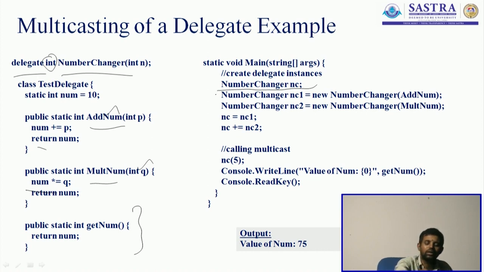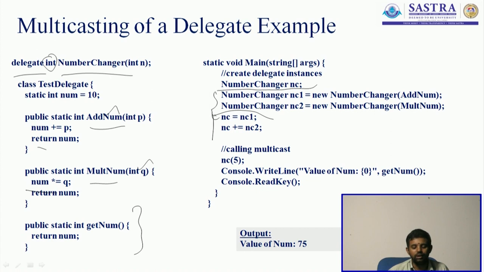This is quite similar to our last example, but you can find the variation from this step onwards, right? Here, nc is equal to nc1, so the properties of nc1 will be assigned to nc, right?